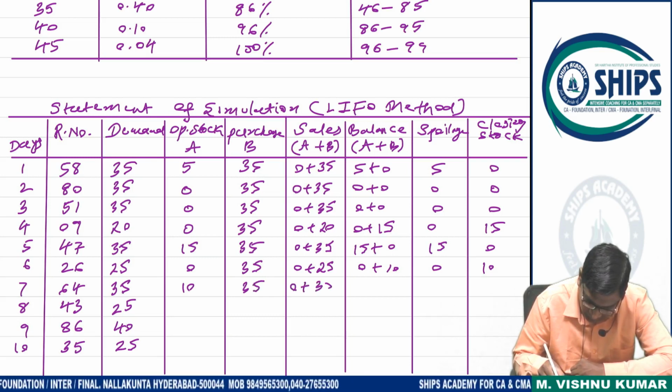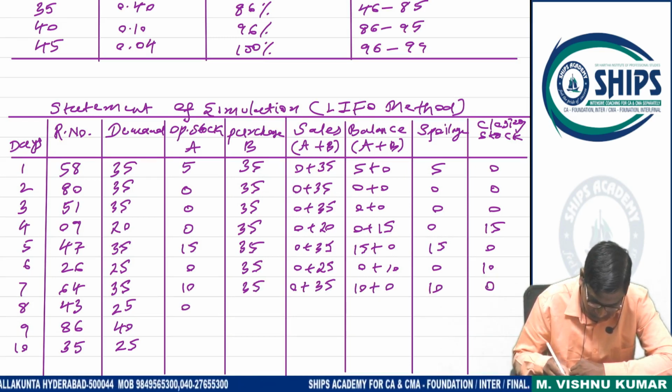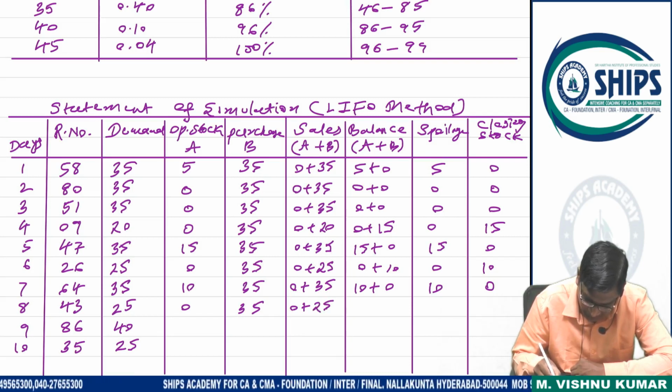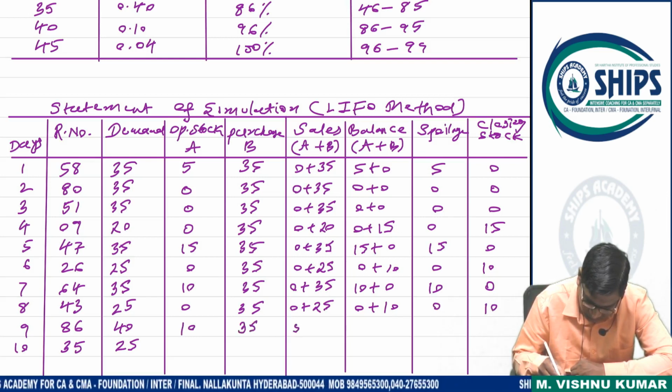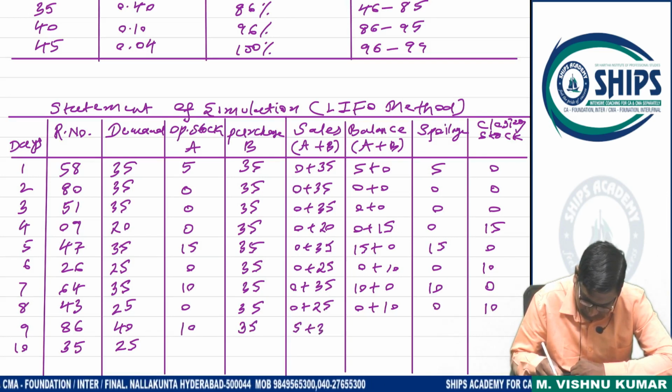Zero plus 25, sorry. Right. So 35, yes, 5 plus 35, correct.